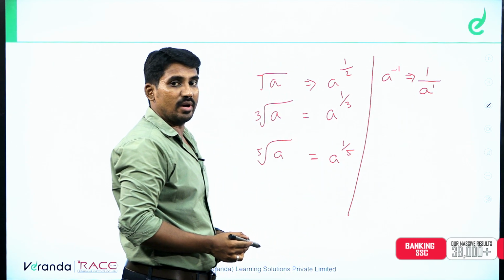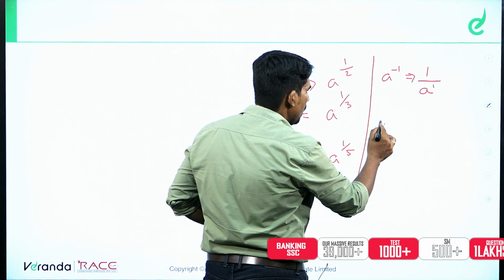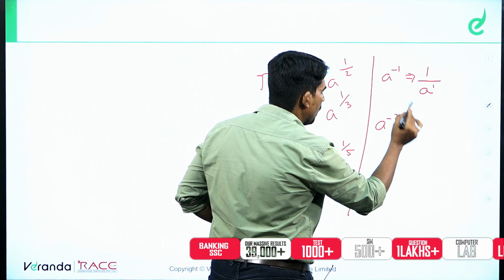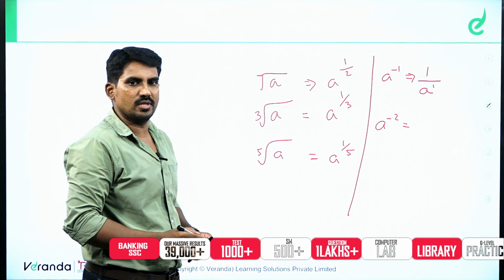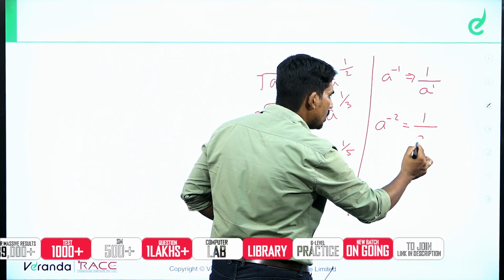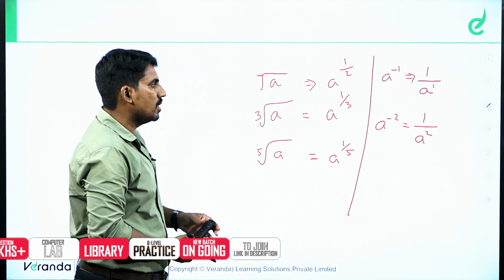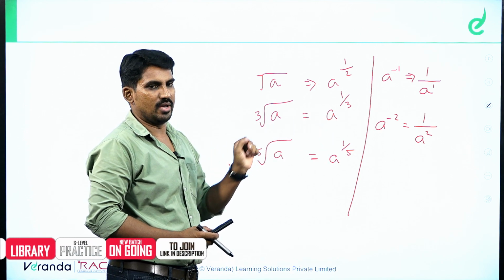If the power is minus 2, we write it as 1 divided by a square. We change the power into positive, but take the number as 1 by.